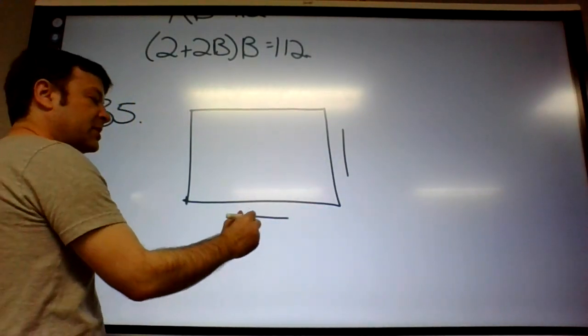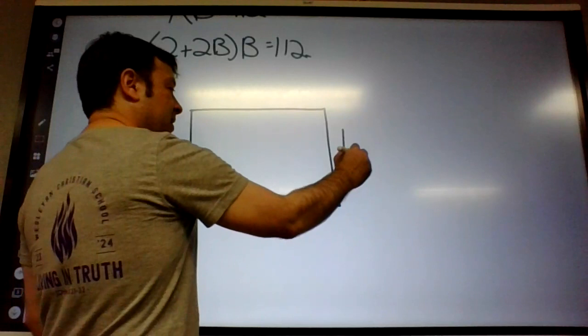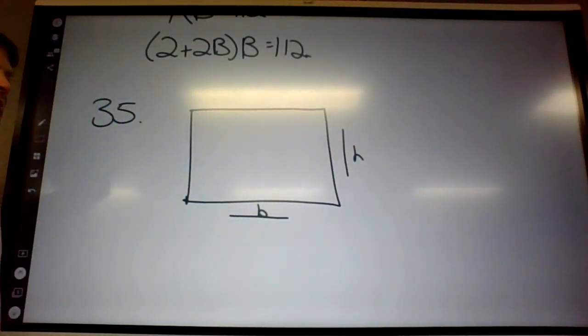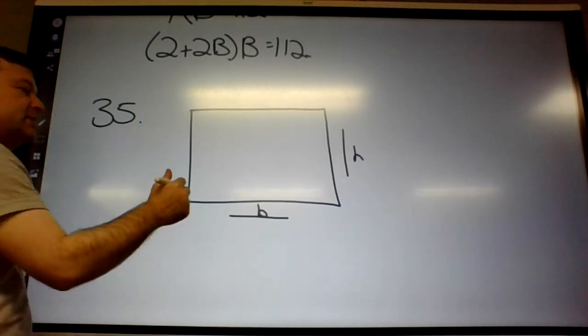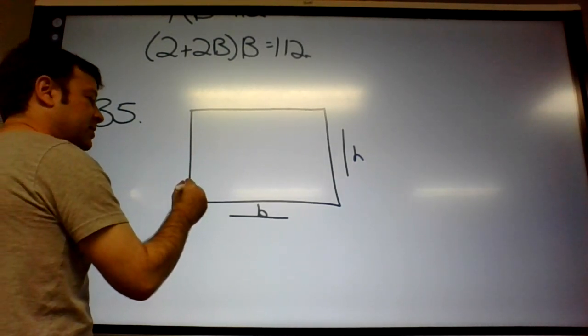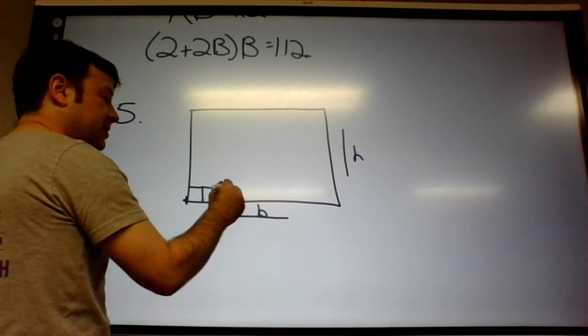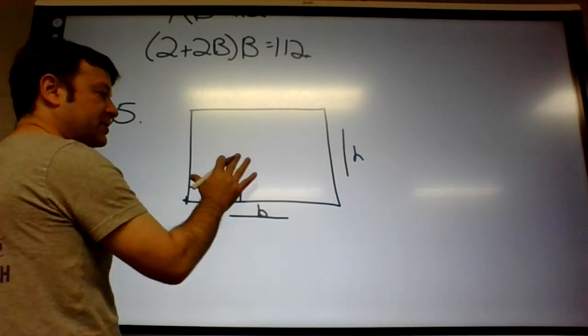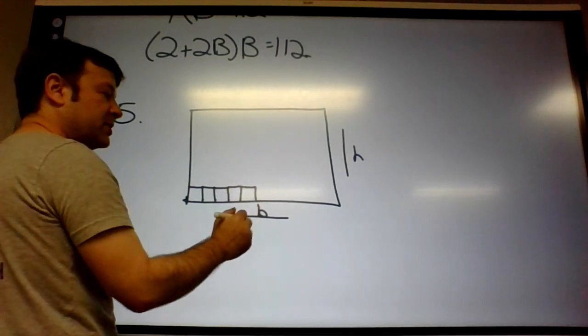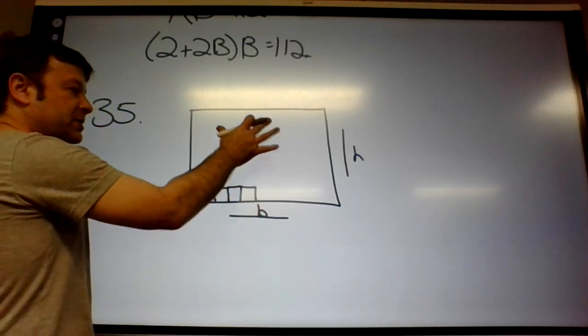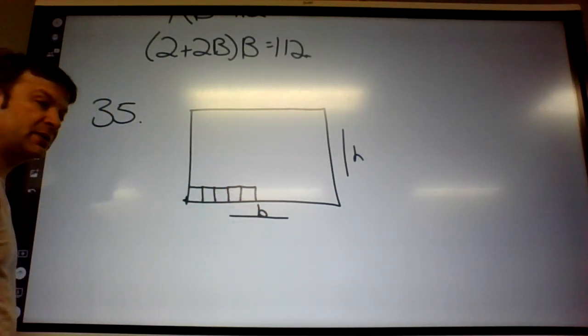Length times width, or sometimes they call it base times height. Area is just measuring the size of a flat surface using square units. Like how many square inches could fit in here, that's the area.